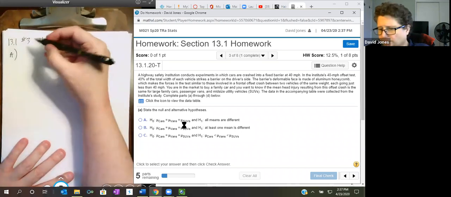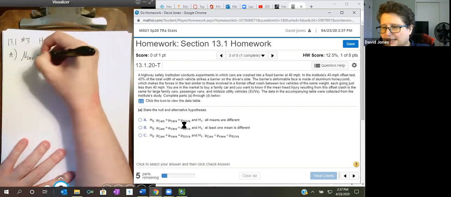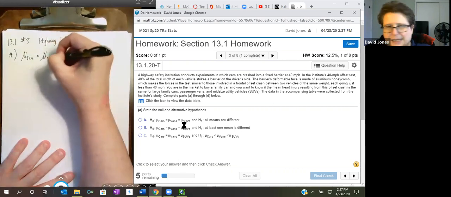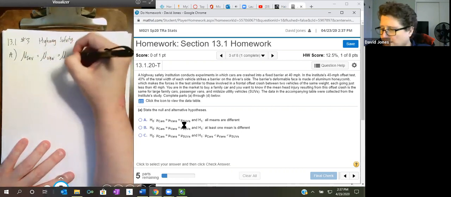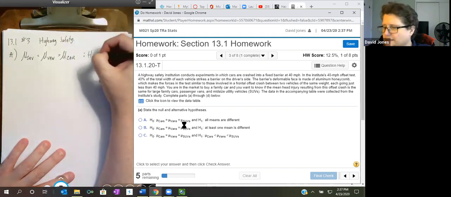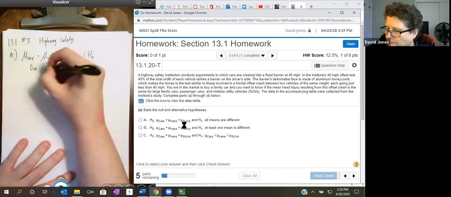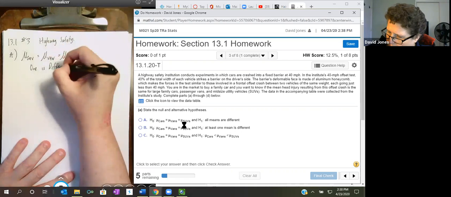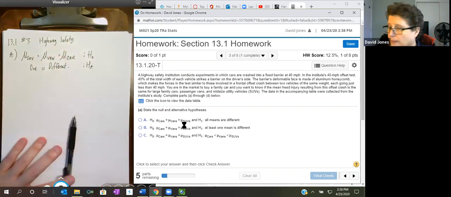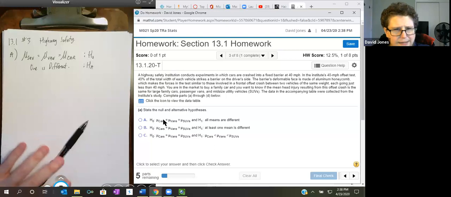The 3 means are equal. Mu of SUV has to equal mu of the van, has to equal mu of the car. That's H naught. And HA, one is different. So which one says that here?